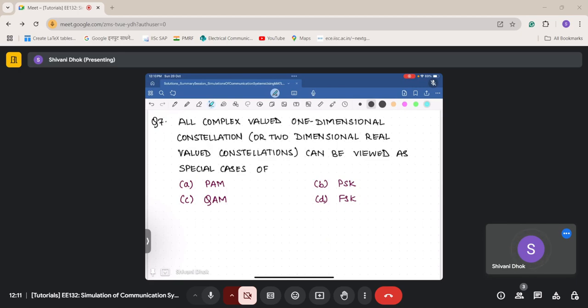Okay. So this is the next question. It says that all complex valued one-dimensional constellations or two-dimensional real valued constellations can be viewed as special cases of PAM, PSK, QAM, or FSK.